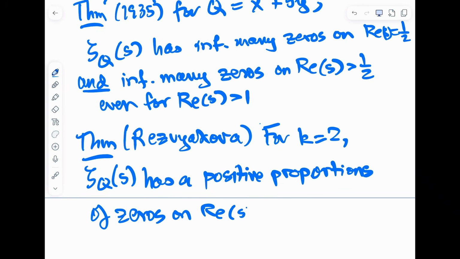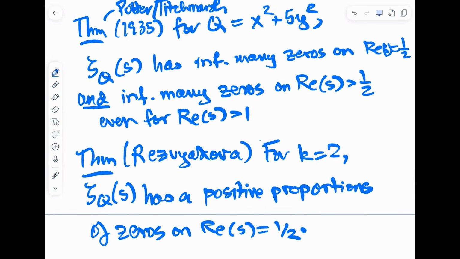And this is interesting because this is known, in particular examples like the x squared plus 5y squared, not to satisfy the Riemann hypothesis, yet apparently it has a positive proportion of zeros on the critical line.